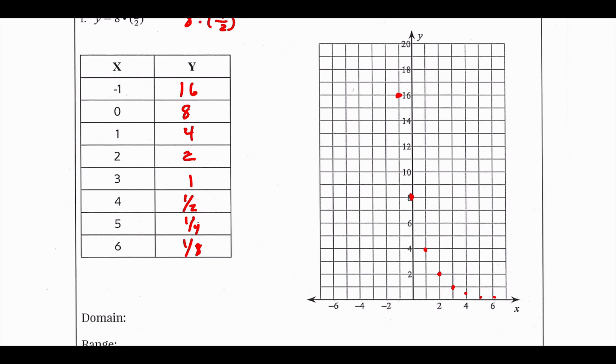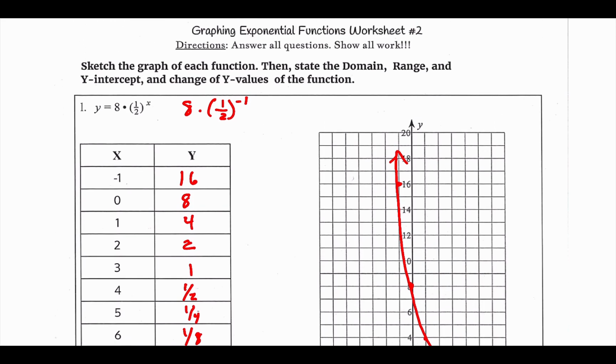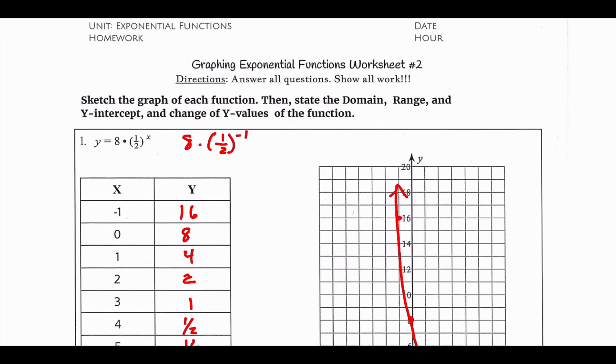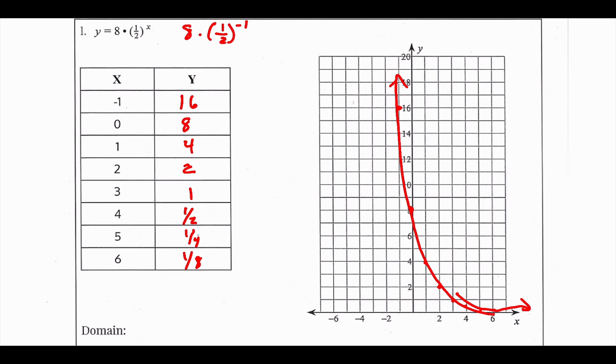So now if we go through and we draw this in, you get the idea. There is your basic exponential graph, which matches up because my multiplier is less than 1. We've got exponential decay, and the graph matches up with that, that it's decaying, it's going down very, very quickly. Okay? Let me stop there for a second.